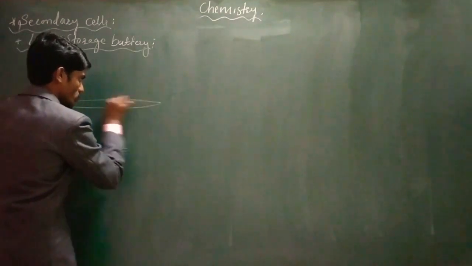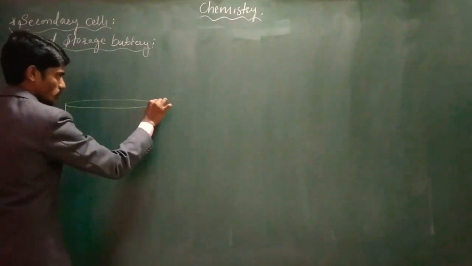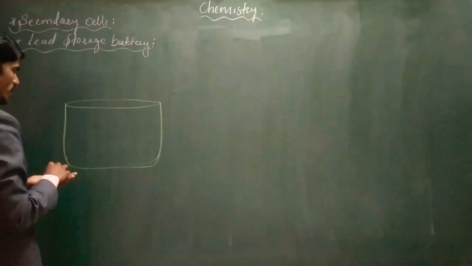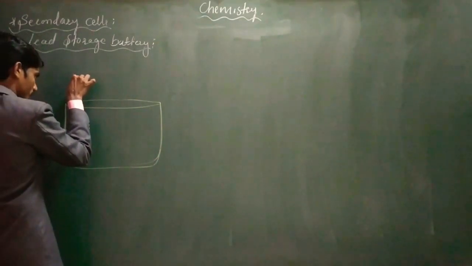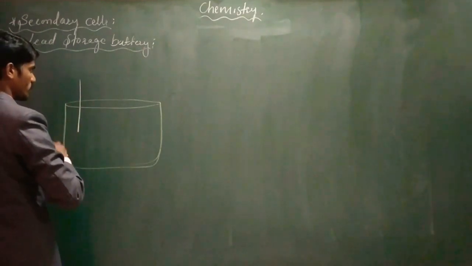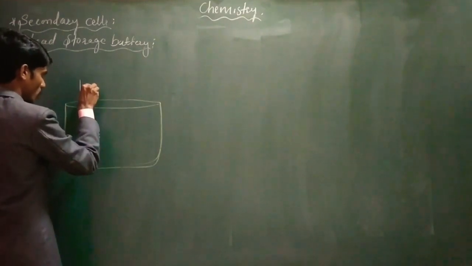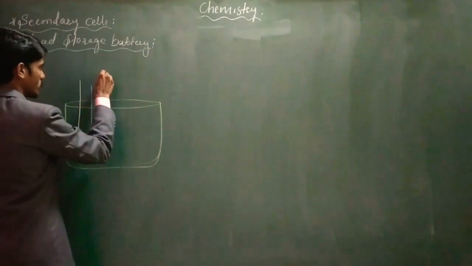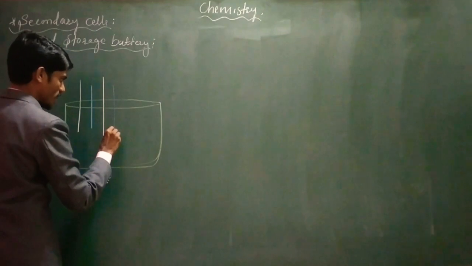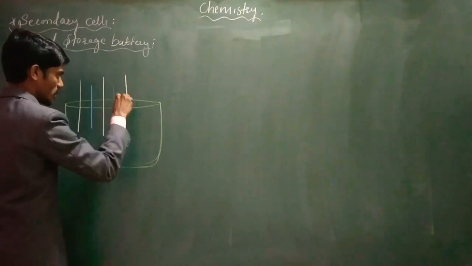This is an electrolytic tank, in which we have taken electrolyte, and here I have taken a grid of lead and lead oxide. Look at this, one is lead and the other one is lead oxide.